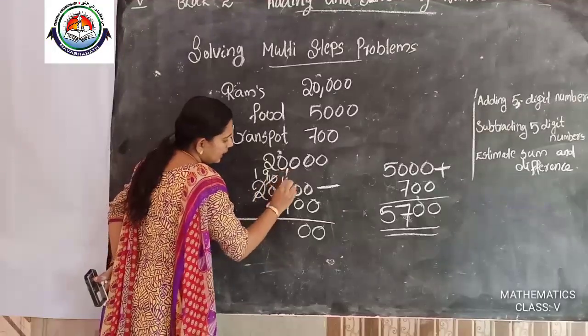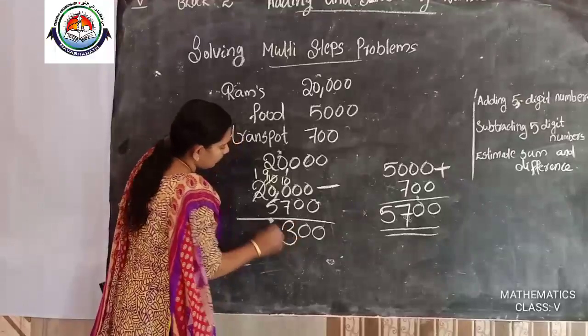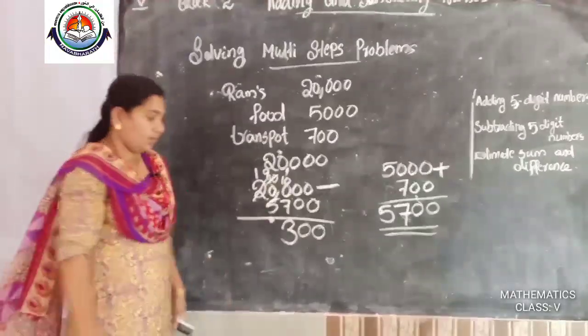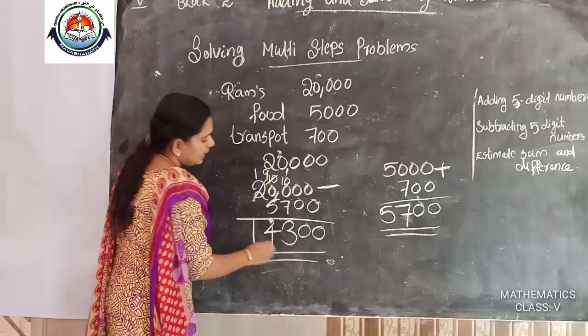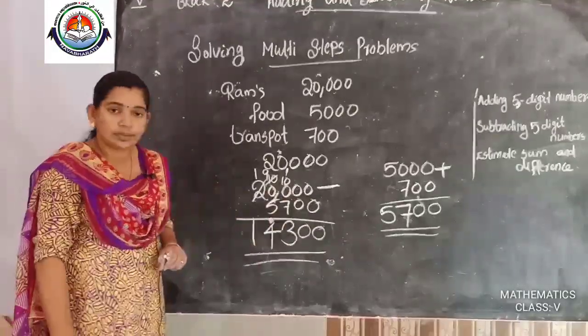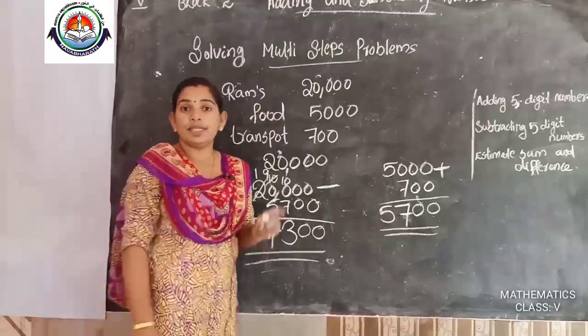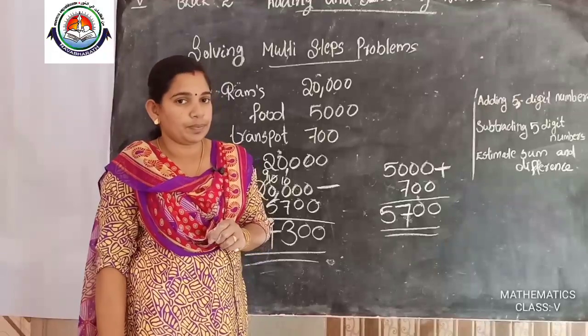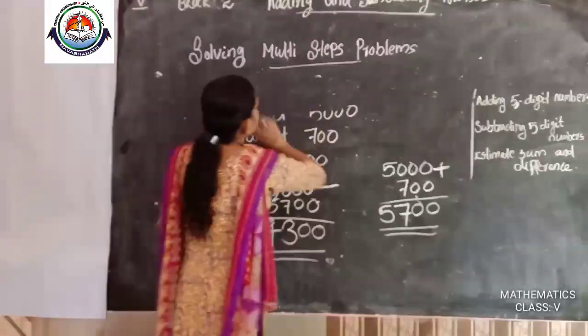Here 10 minus 7 is 3. 9 minus 5 is 4. Then 1. What is the answer? 14,300. That we also got. Okay, so in this kind of problem we do first addition, then subtraction. The next problem in your textbook, one problem we will do.